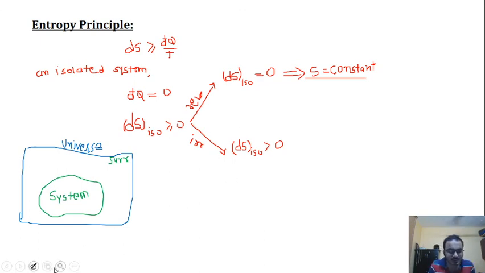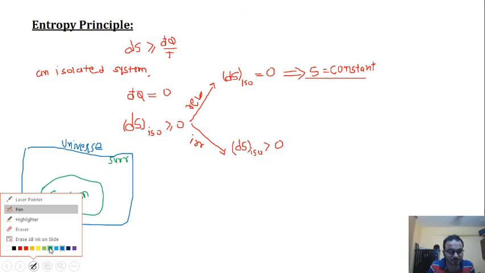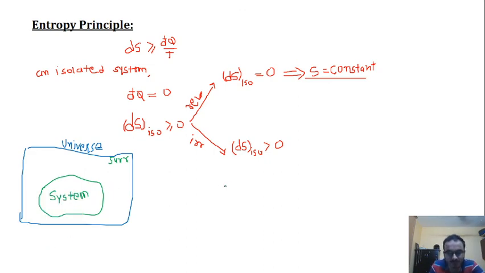So for that case, dS of universe is always greater than or equal to 0. As the universe is made up of system and surrounding, we can write dS system plus dS surrounding is always greater than or equal to 0.